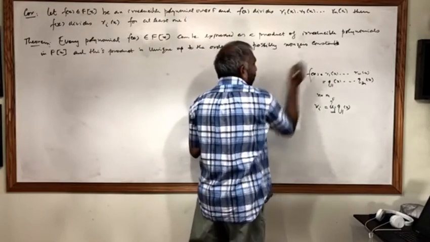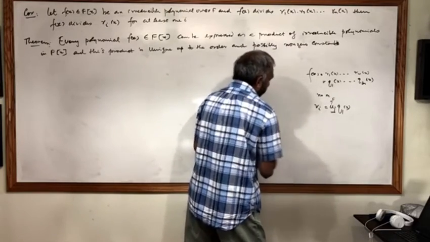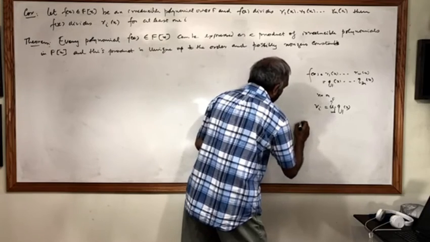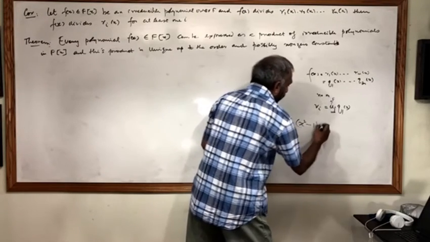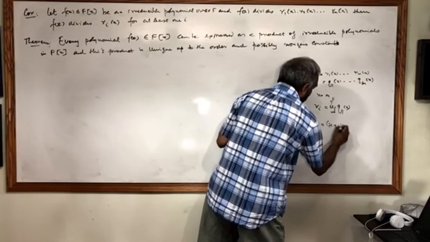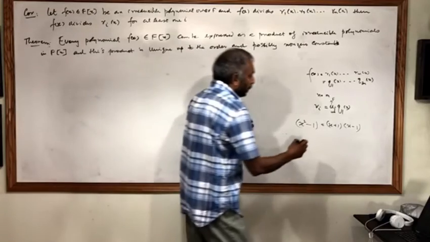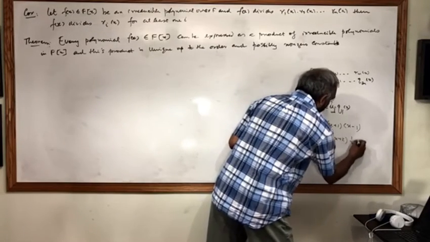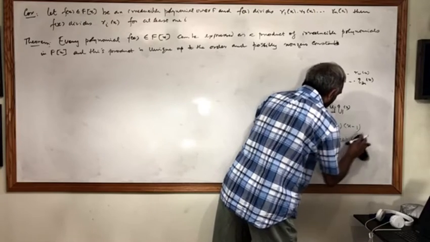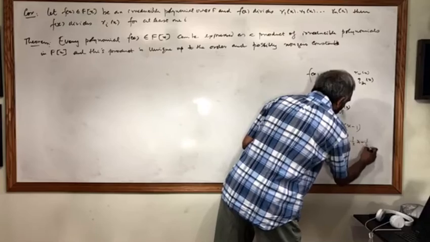Possibly non-zero constants. For example, if you take x square minus 1, you can write it as x plus 1 times x minus 1. But this also you can write as 2x plus 2 times half of x minus half.